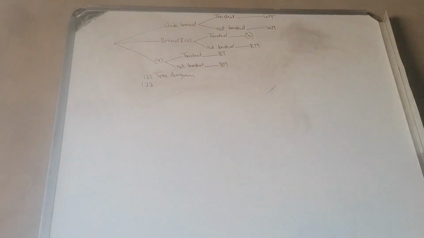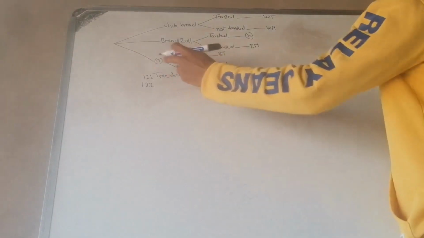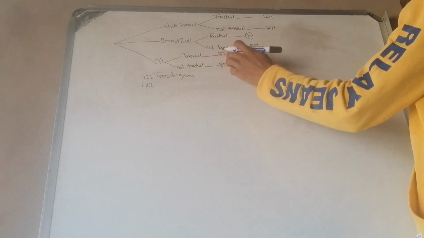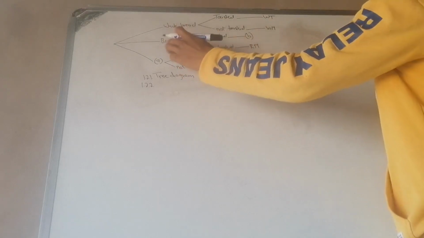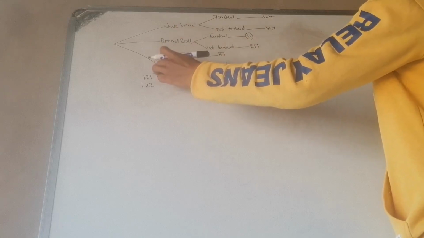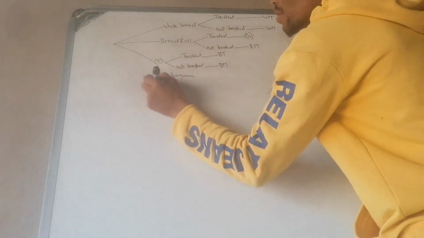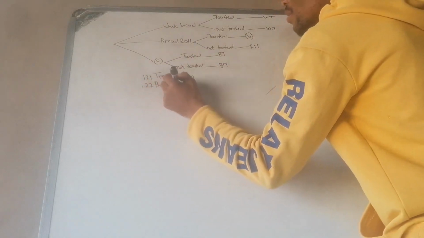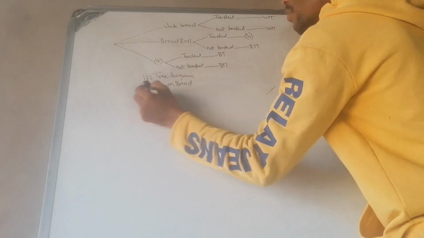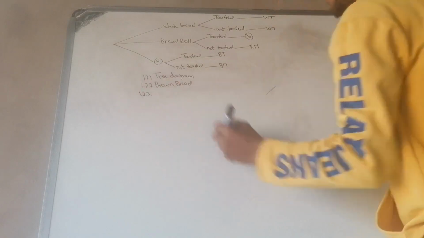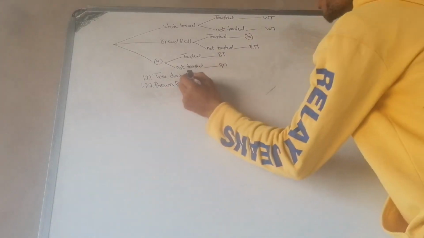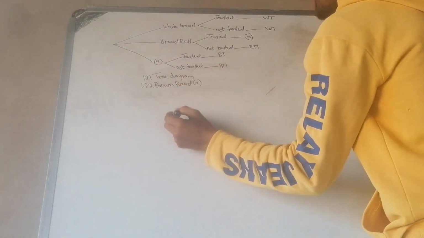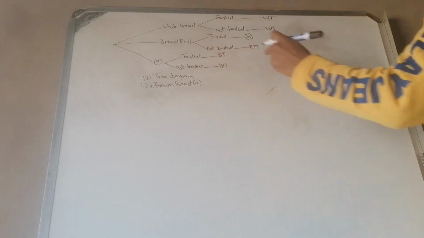1.2.2, complete the missing letters A and B. What is A? We said this is brown toasted and brown not toasted. So if this is white bread, this is bread roll, this must be brown bread. So this is A. And then what is B now?